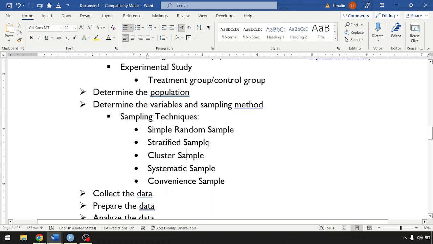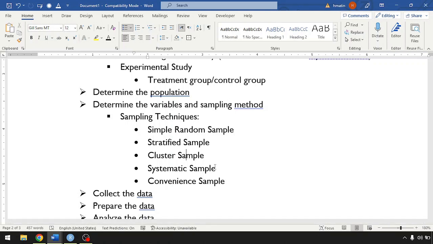It's important to know that both of these techniques require that the samples are representative of the target population.